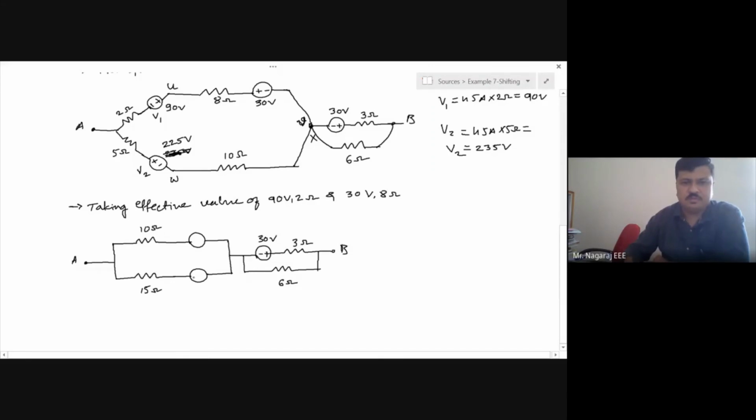The voltage value will be the same, 225 volts. Here it is 90 volts plus 30 volts. 90 volt is towards right, 30 volts is towards left. So 90 volt and 30 volts are opposing each other. Hence, the effective value is the difference of the two voltages. It will be 60 volts, and the polarity will be that of the larger value, 90 volts. Okay, now this is the circuit.